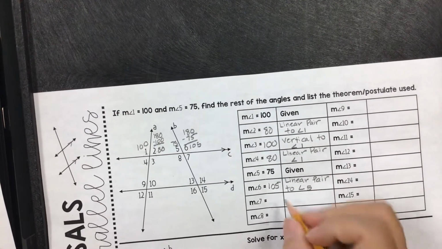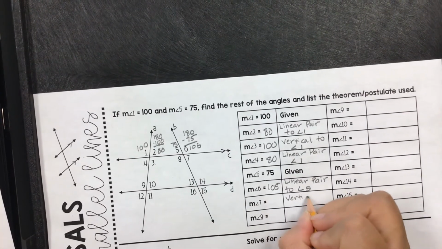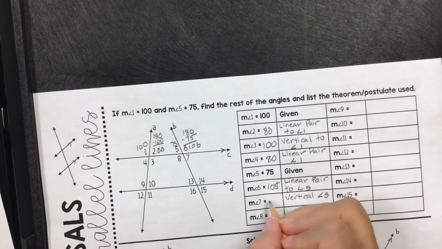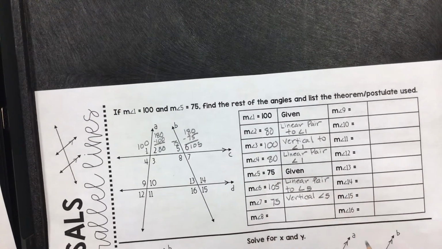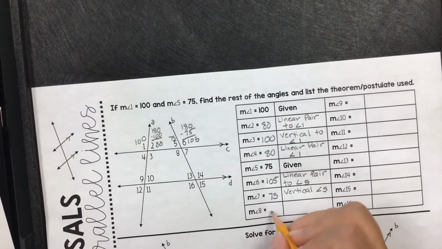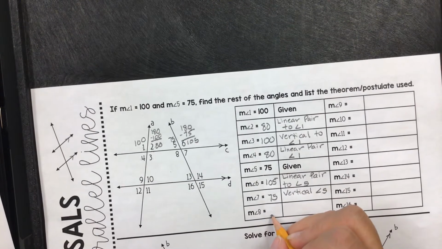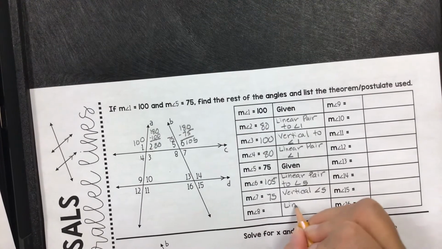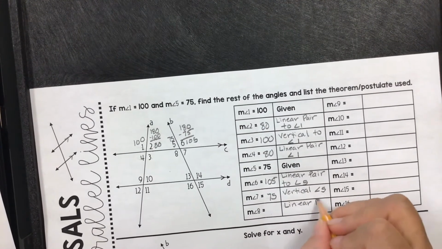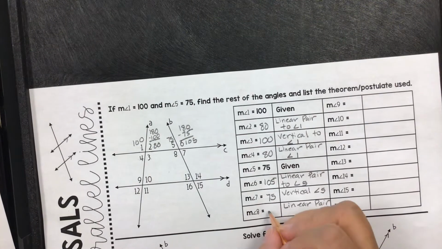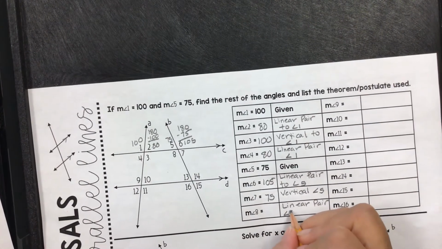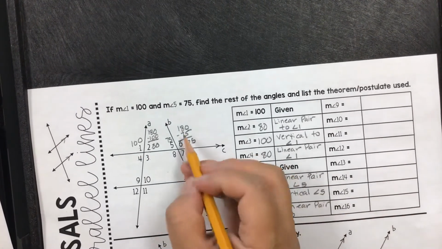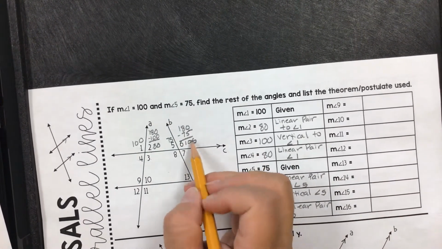For 7, we can say that it's a vertical angle to angle 5, making it equal 75. On 8, we can say that it's vertical to angle 6, but I'm going to use that it's a linear pair to angle 5, making it 105, because 180 minus 75 is still equal to 105.